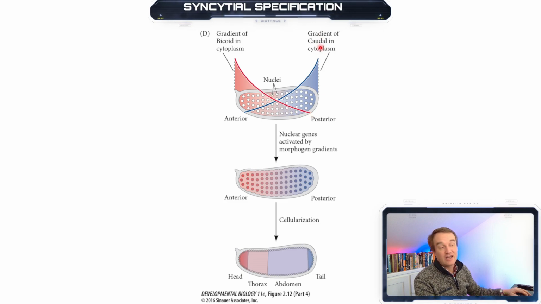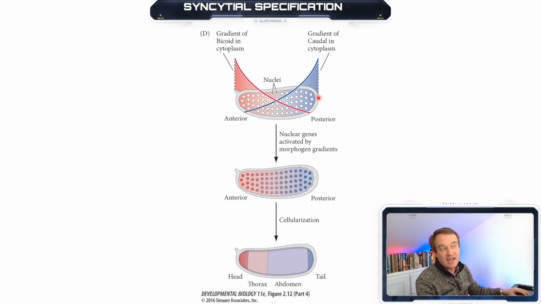Conversely, there are gradients going in all three dimensions. Here we have a gradient for caudal, another morphogenic protein that is very high at the posterior end and very low in the anterior. So if you're a nucleus in an area that has high bicoid but no caudal, then you know you're supposed to be the anterior, or the head, of this Drosophila.